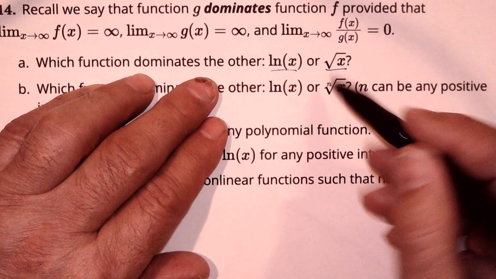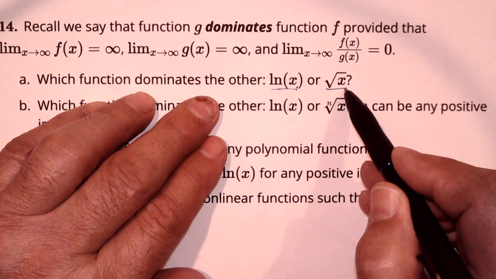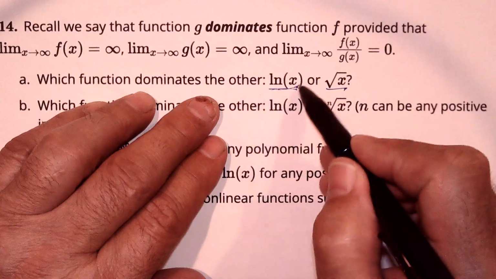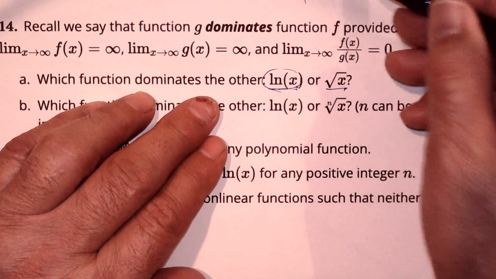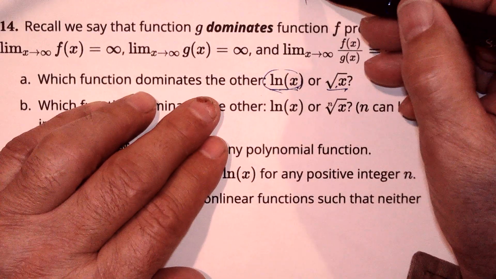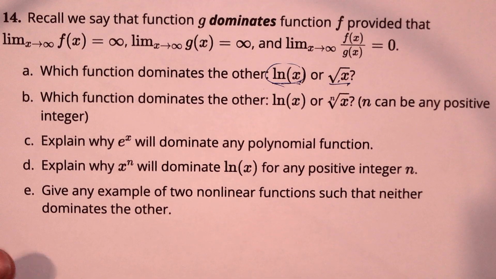I'm going to guess ln, which goes like this, and the square root goes something like this. Not sure which one's higher, so let's take a look at it.